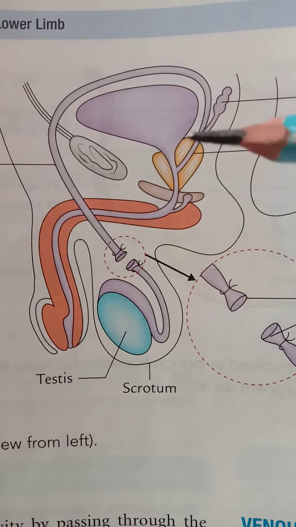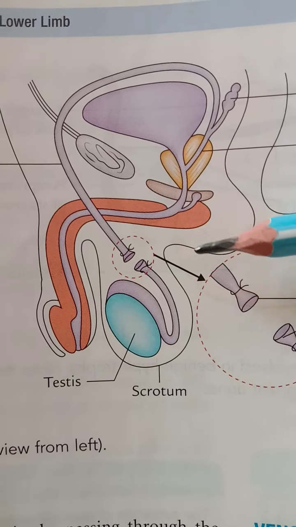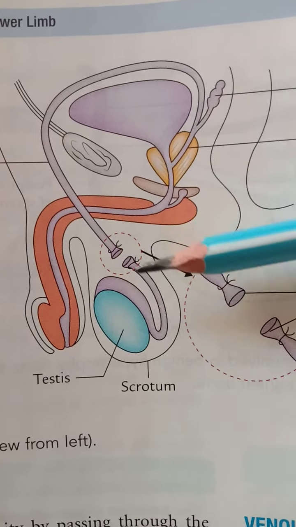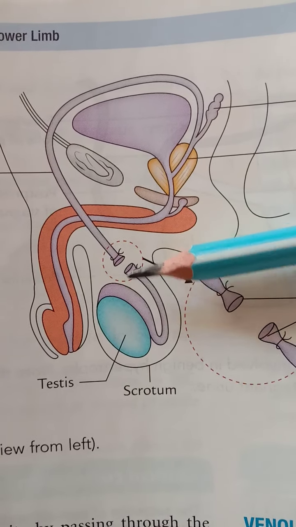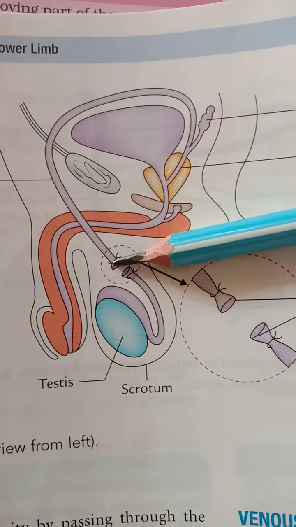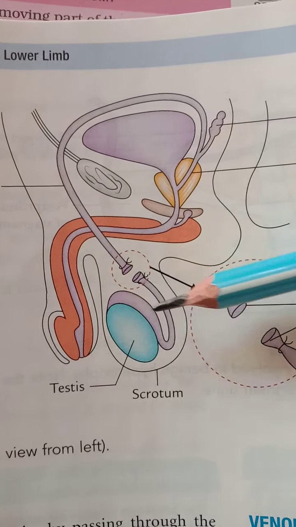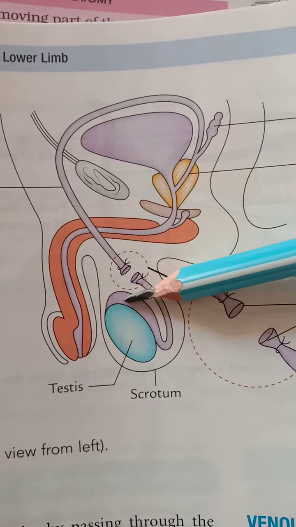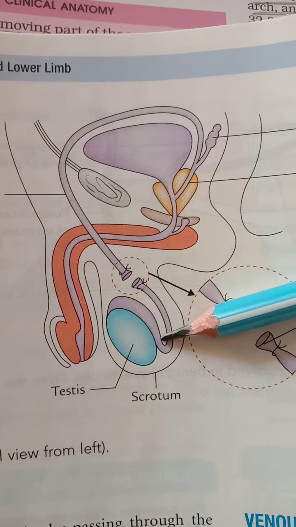The first clinical point is the vasectomy. It is the common method for male sterilization. It is a minor operation done under local anesthesia, and in this procedure a short segment of each vas deferens should be excised, and the cut ends are crushed and ligated. Spermatozoa continue to form in the testis, and they degenerate in the epididymis and are absorbed.